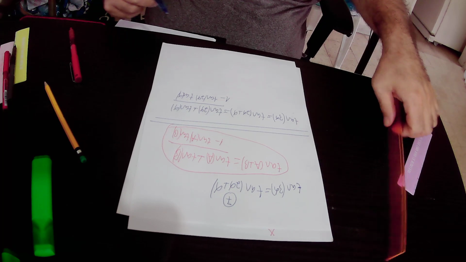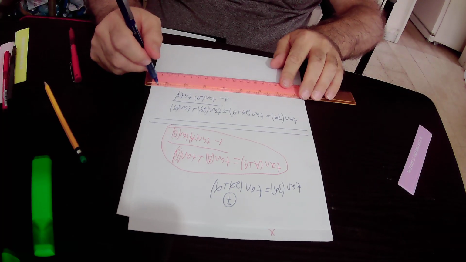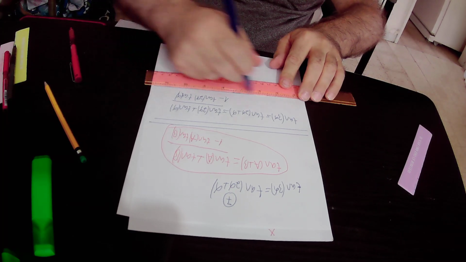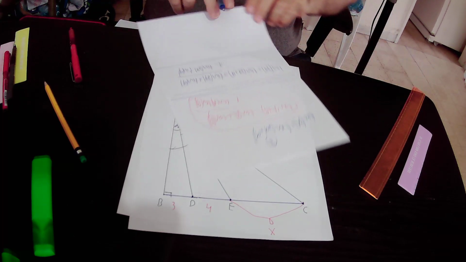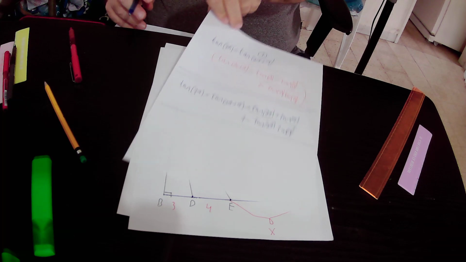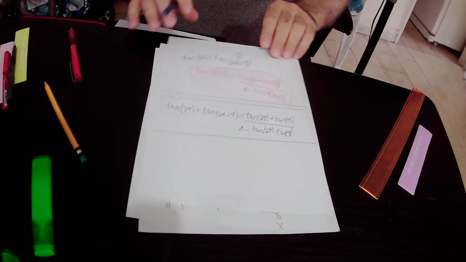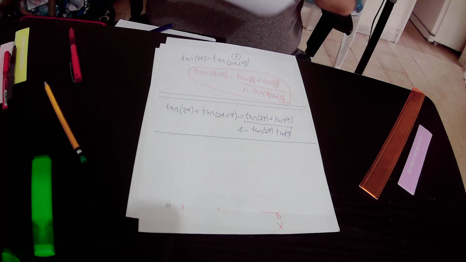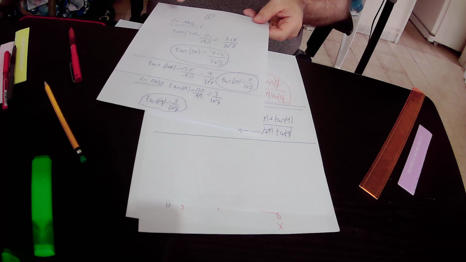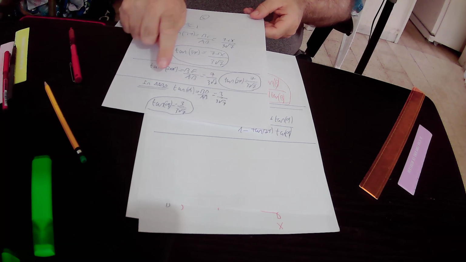Okay, so actually that is the value of tangent of 2 alpha plus alpha according to this trigonometric identity. But we have already found out the values of tangent 3 alpha, tangent 2 alpha, and tangent alpha.